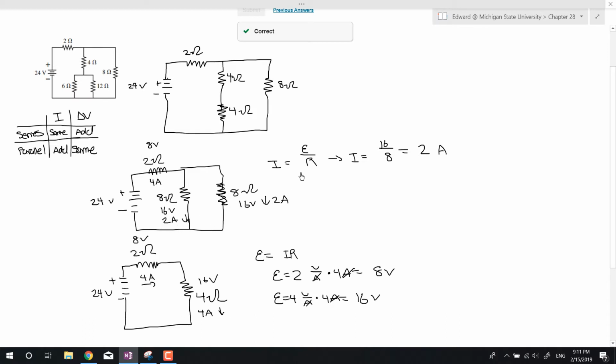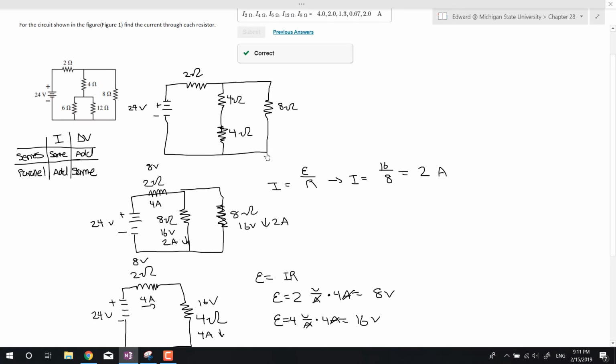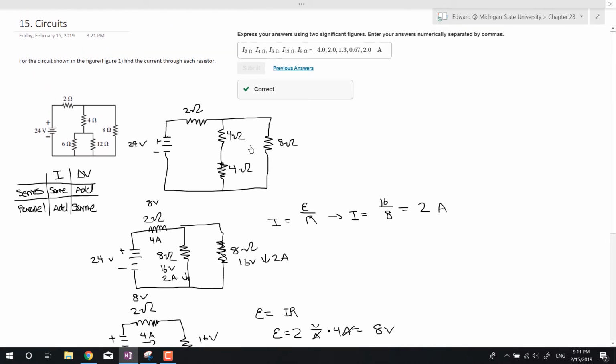Then you can see 2 plus 2 is 4, and that's what we have coming in, so we don't have more current coming out of nowhere, so that's a good way to check yourself too.